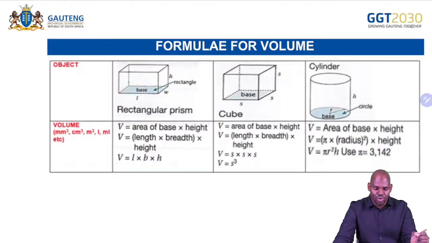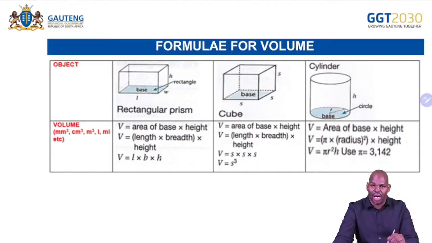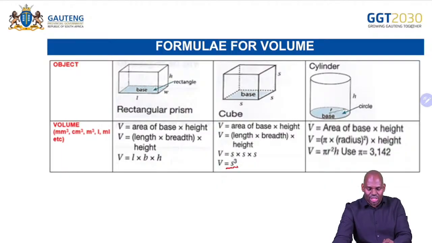Right, and then for volume, the formula for calculating volume of a rectangular prism is length times breadth times height. And then for a cube, we take one side and make it to the power of 3. So side by side by side. What is important there is you just need to know how to do the substitution.